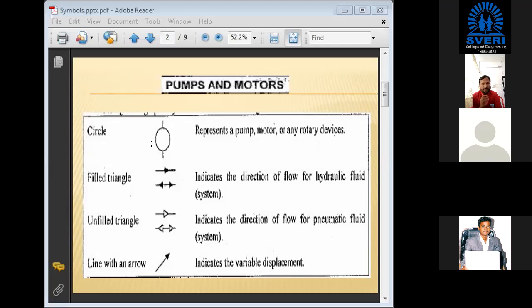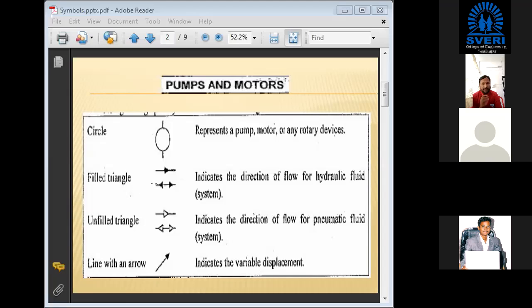If unidirectional, the fluid flows from one direction to the other. If you draw the filled triangle on both sides, that means the fluid is flowing in both directions. This filled triangle indicates the direction of flow for the hydraulic fluid or hydraulic system.